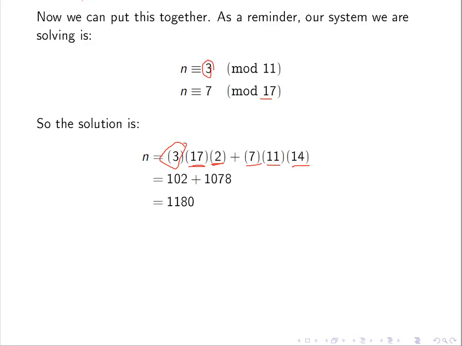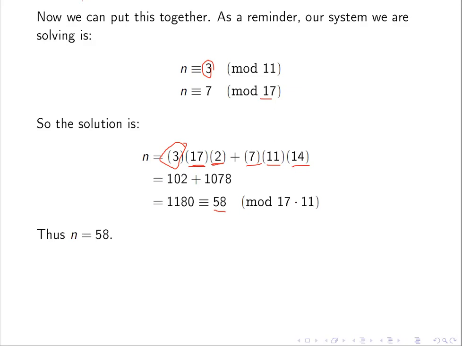Pretty big. However, now let's go back to A times B. As a reminder, that was 187. So 1180 mod 187 is 58. So because of all those things that we did to actually solve, here we are with our remainder.